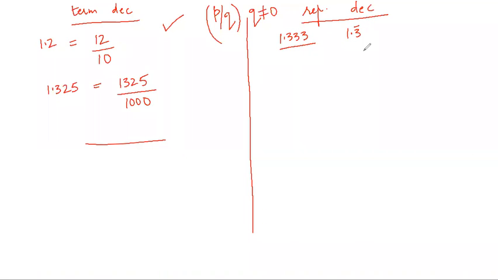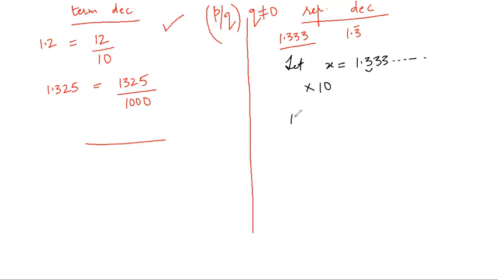How can we represent it in this form? So the first thing you do is you assume let x is equal to 1.333 till infinity. Now, how many digits are repeating? Only 1. So you multiply both sides by 10 of this equation.